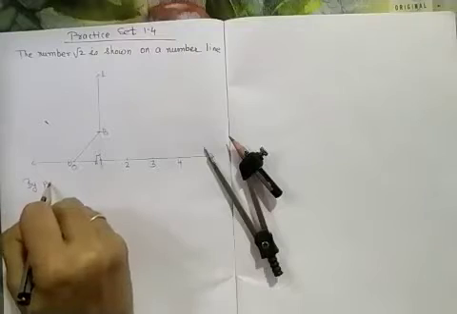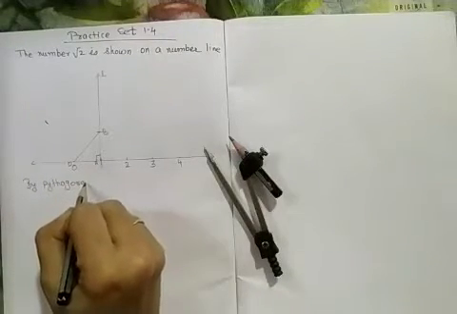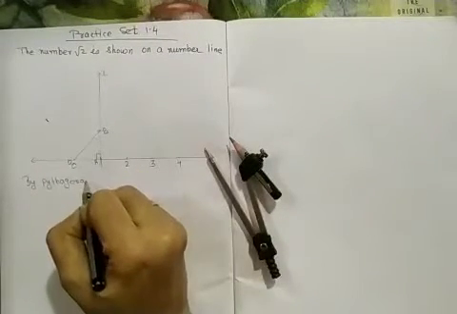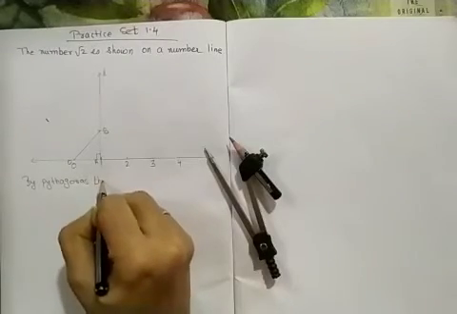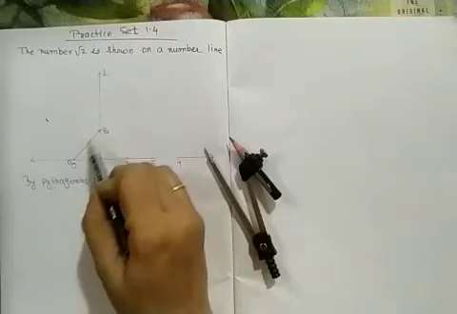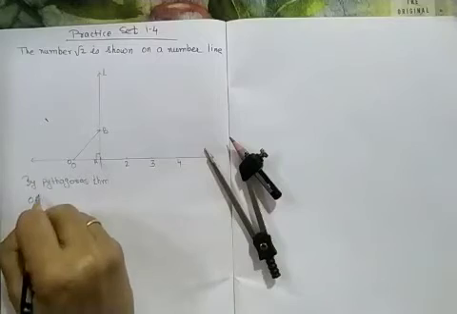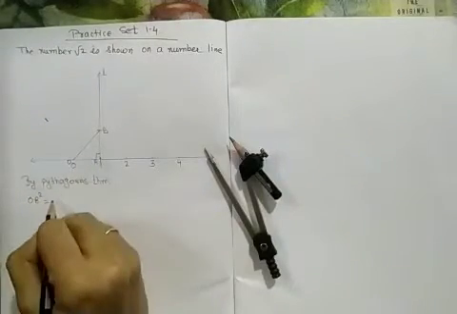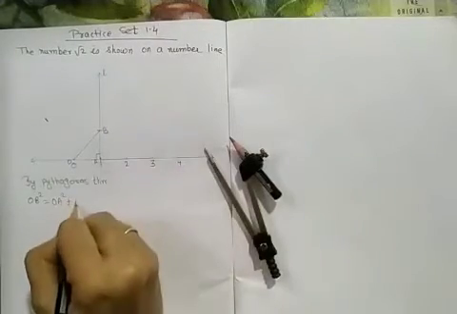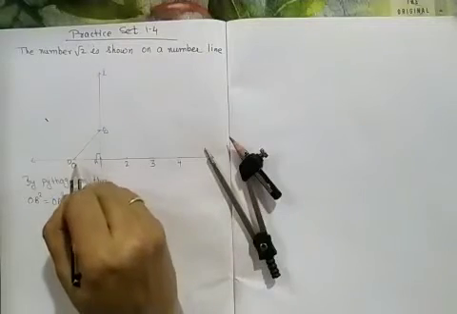The Pythagoras theorem is: hypotenuse square equals one side square plus other side square. Now OB is the hypotenuse. OB square equals OA square plus AB square.